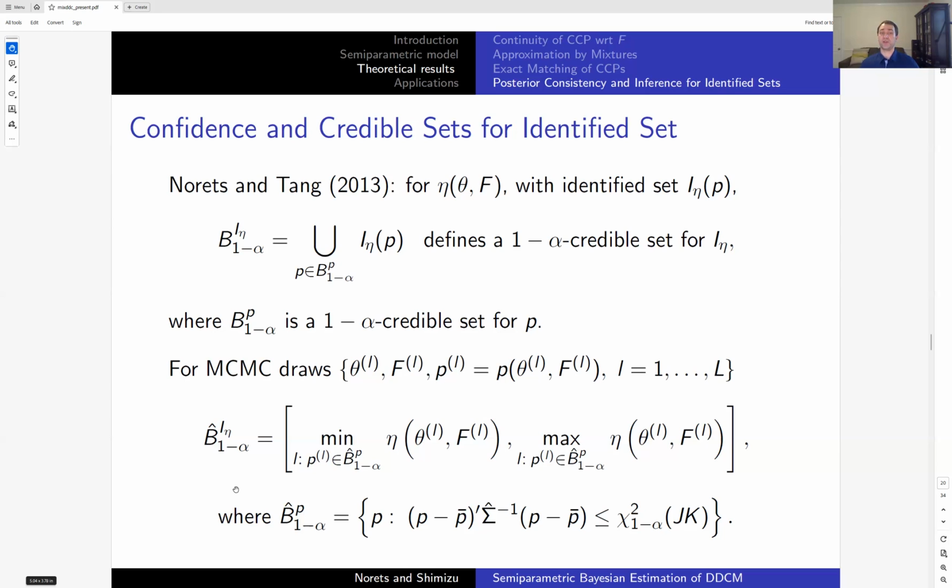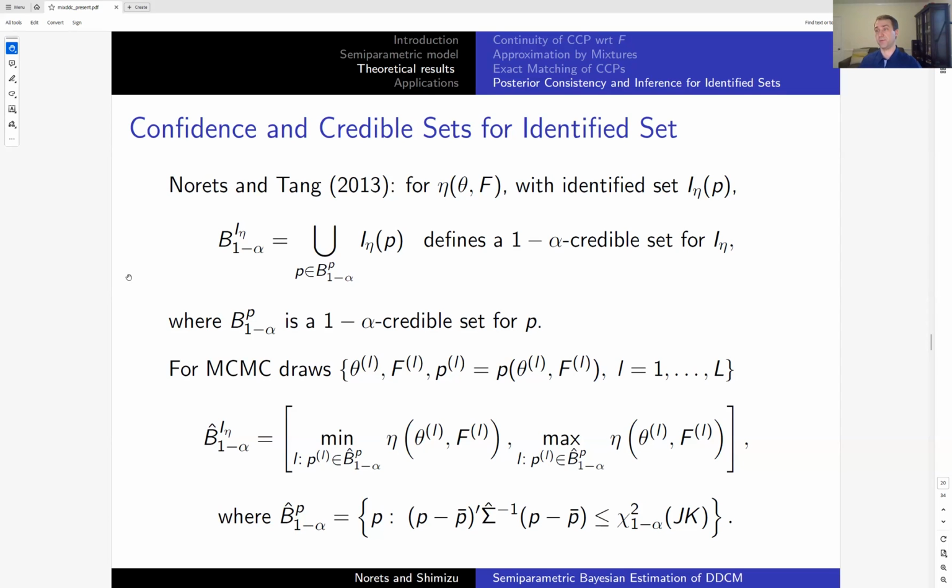Then if we want a set estimator for eta, we look at the union of these identified sets, and we vary p over a 1 minus alpha credible set on p.